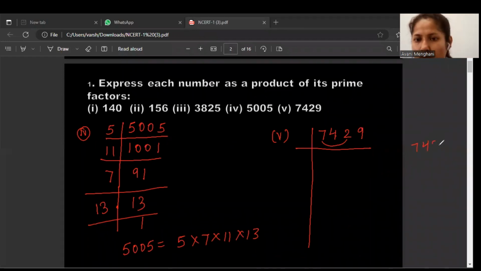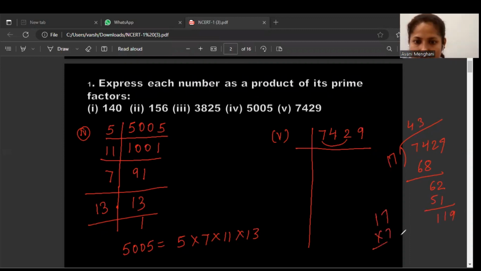So 7, 4, 2, 9, let's divide it by 17. So 17 4s are 68. 74 minus 68 is 6, 62. 17 3 times is 51. And it's 119.